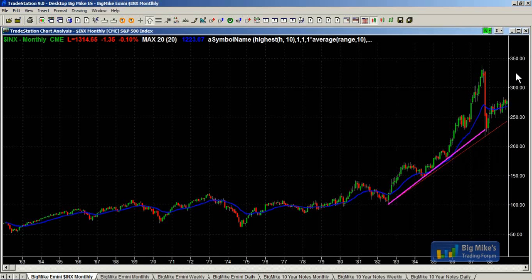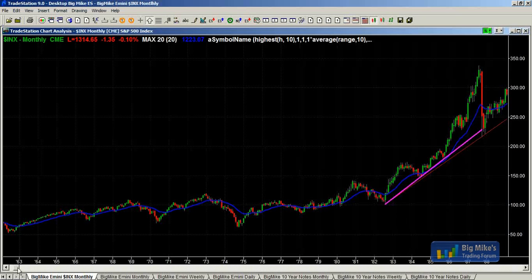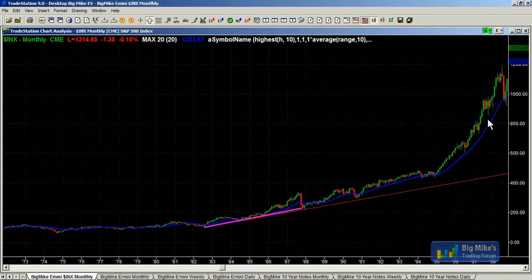slowly channeled up and eventually broke out when the Republicans took over Congress in 1994, broke out to the upside. I'm always looking at swing lows and swing highs, and I'm always drawing trend lines and trend channel lines. Since the Dow fell through that trend line, I then used the low of that sell-off to create another trend line, and it seemed like it was a meaningless trend line after 94 when the market broke to the upside.